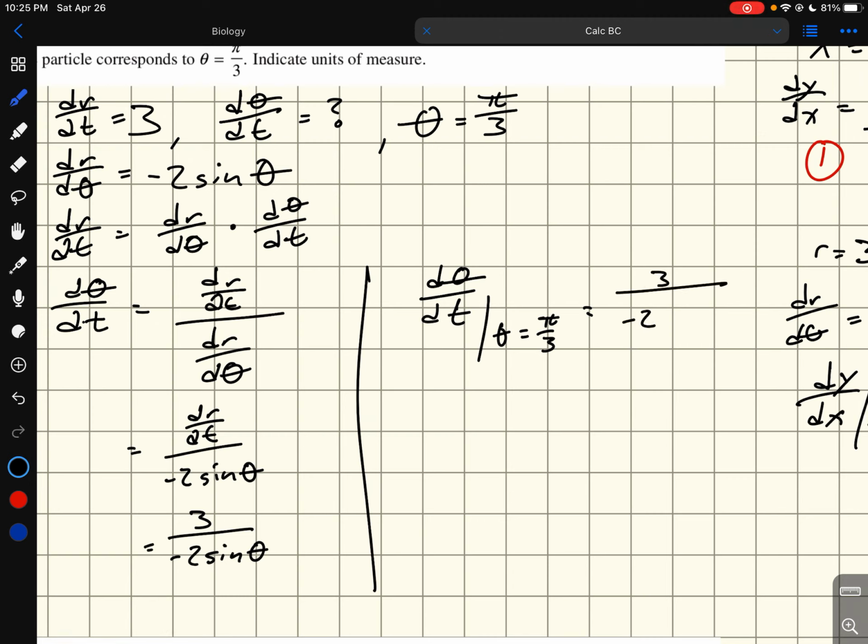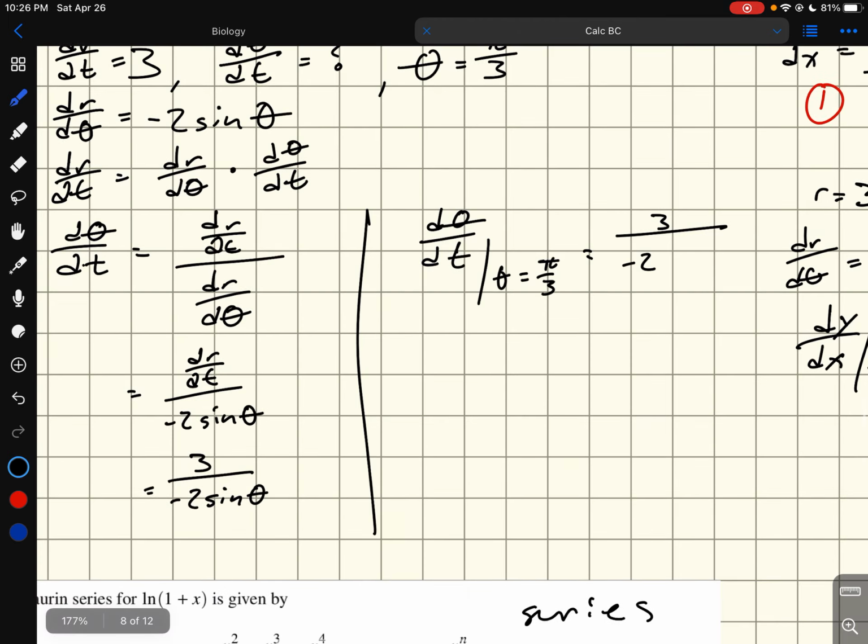So -2 sine of pi thirds. So sine of pi thirds, okay, so the way I remember this is that excluding pi fourths, your sine and cosine values are either 1/2 or square root of 3 over 2.